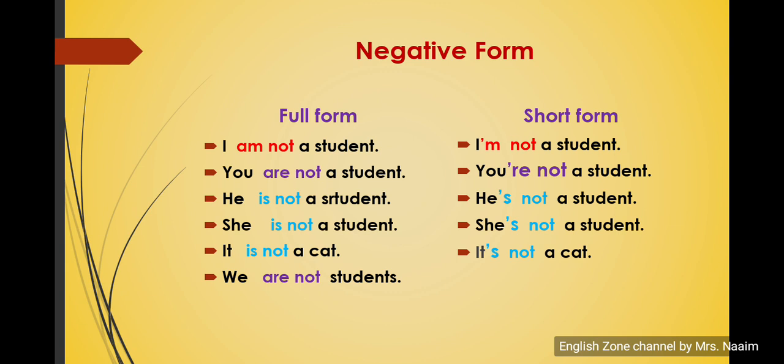Okay. بالنسبة للصيغة المختصرة لدينا we're not students. We're not students. Okay. هنا نفس الشيء أزحنا A ووضعنا عوضها apostrophe ثم بعد ذلك re. Okay. نترك re كما هي ثم بعد ذلك نضع not، الصيغة الخاصة بالنفي.